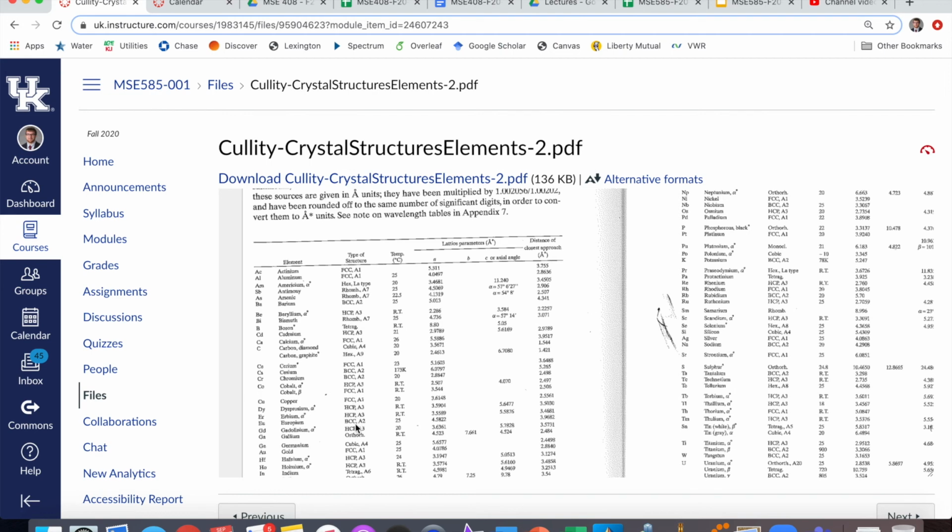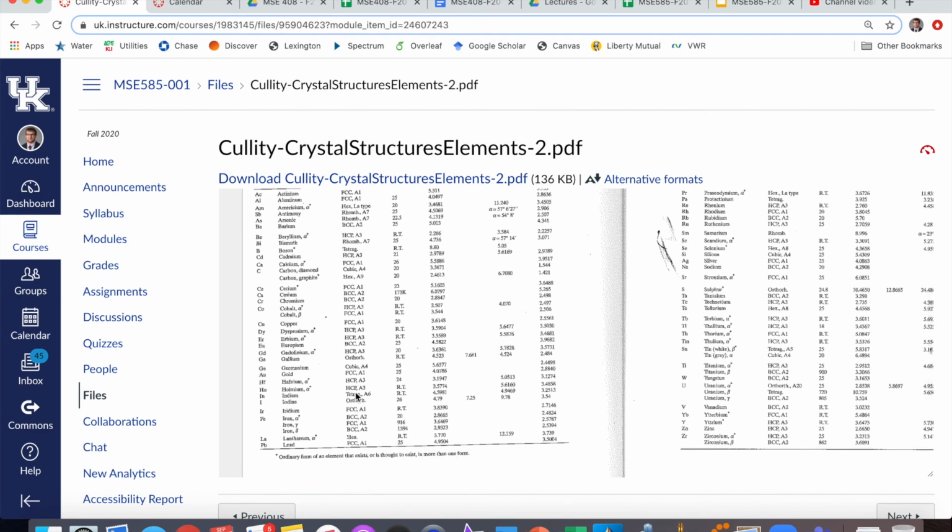Another one, europium, but 4.6, too high. BCC, 2.8665. So that sure looks like what we have. And that's an exact match of what we have.